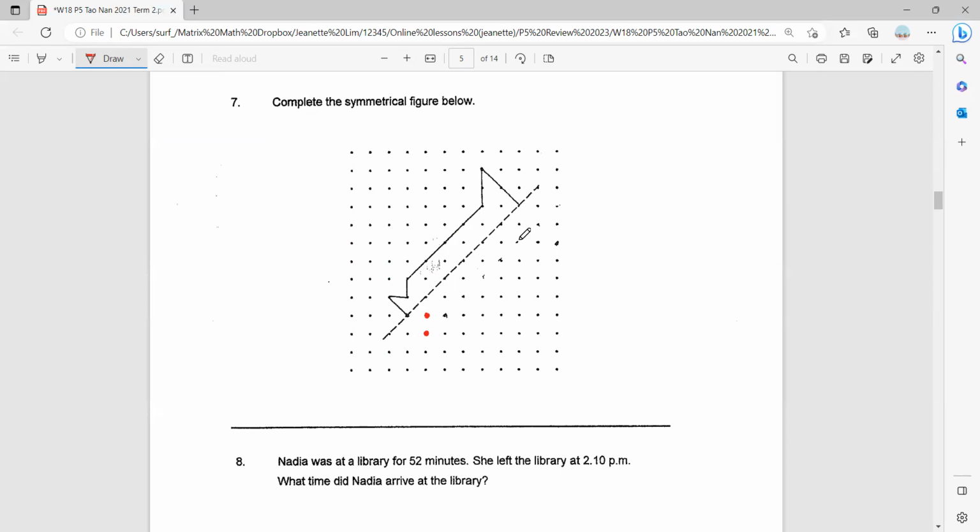Okay, so this one is here. Then you can count like 1, 2, right? So from the mirror line, 1, 2. Okay, then we start to join.